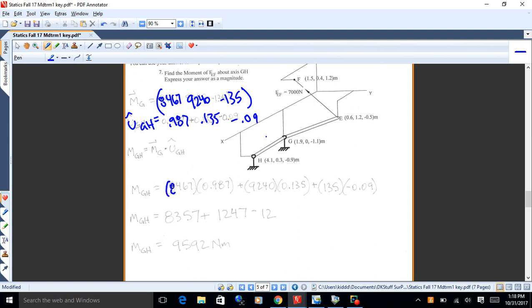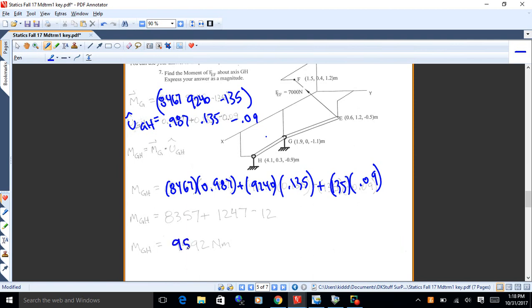Just multiply the like components together, and then find the products and add them up. You get about 9,592 newton meters.